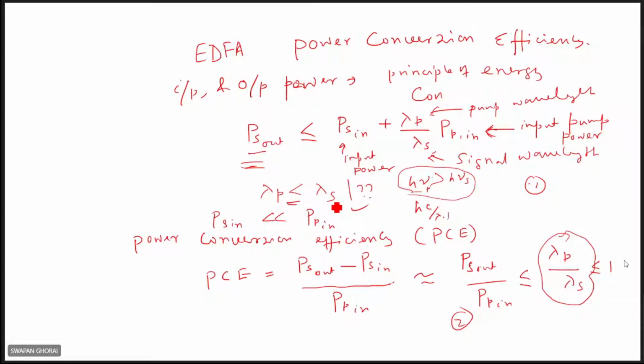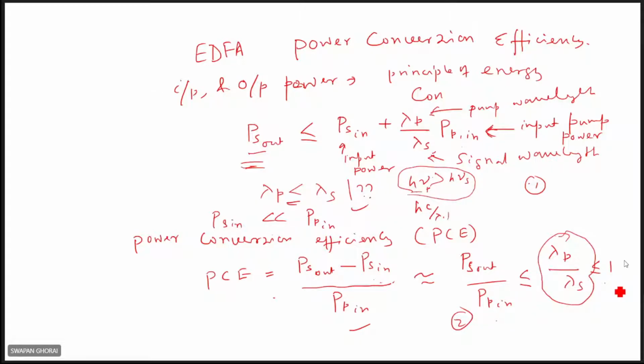So signal power will never exceed the pump power, but the signal wavelength is greater than the pump wavelength. Another important point, as I just mentioned, is that the input signal is always less than the pump, but the energy for amplification is extracted from the pump signal. The conversion efficiency in this context is output signal minus input signal over the pump signal. Since the input signal is very small compared to the output signal, it is signal output by pump power input, that is lambda p by lambda s.